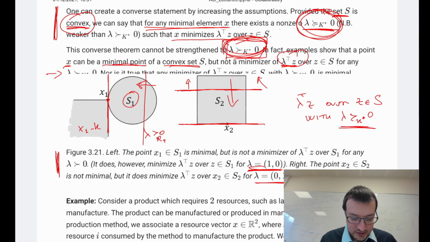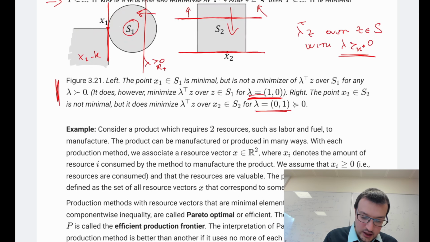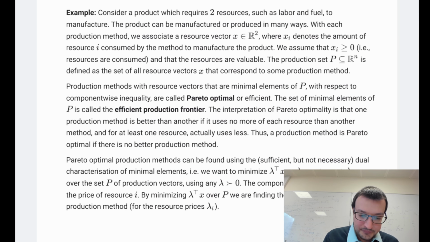Let's now conclude with an example of an optimization problem, a multi-objective optimization problem, in which this concept plays a role. So we consider a problem in which we need to produce a certain device, a product. And to produce this product, we require two resources.